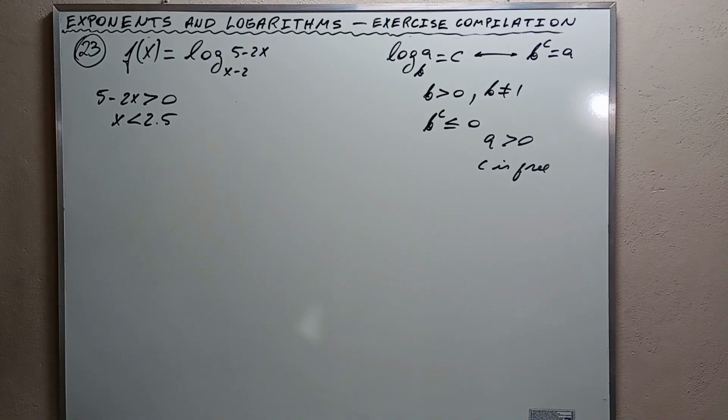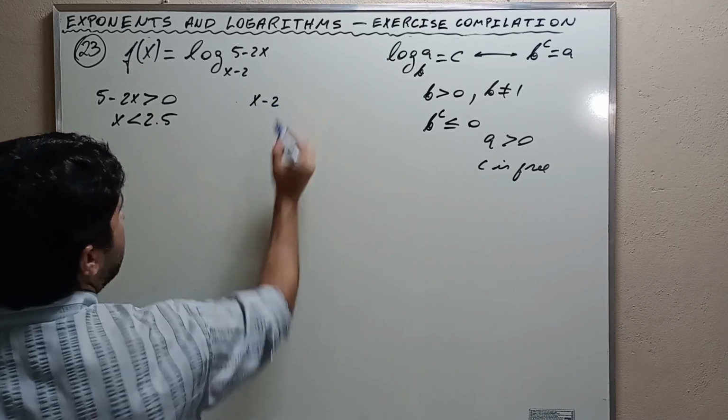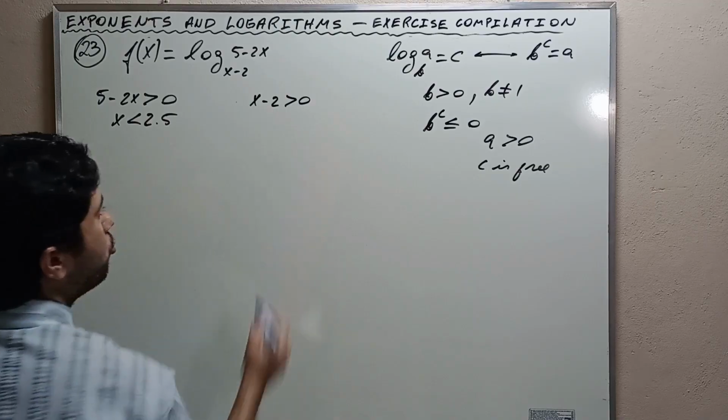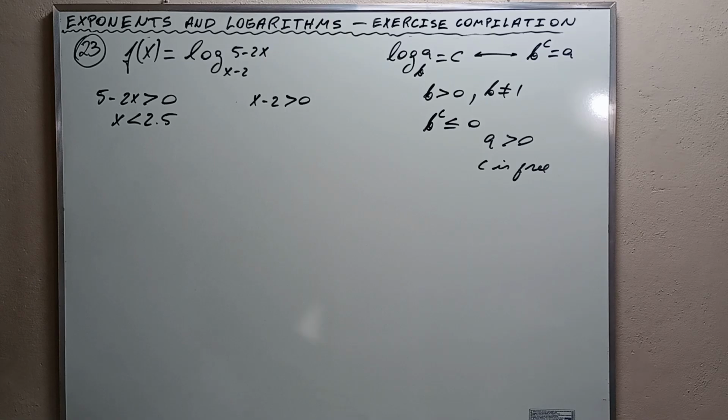And how about the base? X minus 2, the base, has to be greater than 0, but additionally, the base must not be 1. Okay?